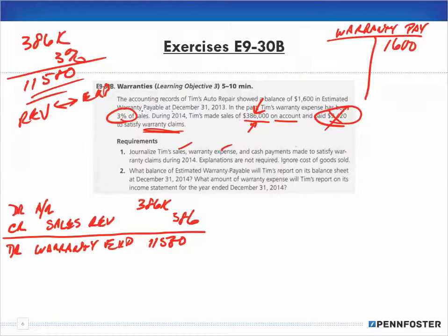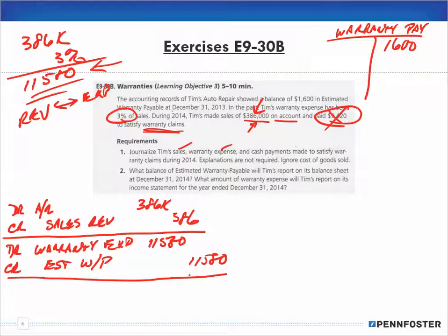We know that we have sales of 386,000, and we have to match the revenues with our expenses. So we make the estimation of the 11,580 in order to match up the revenues with expenses. So I end up crediting estimated warranty payable for the $11,580. That's the reason why we make that entry.